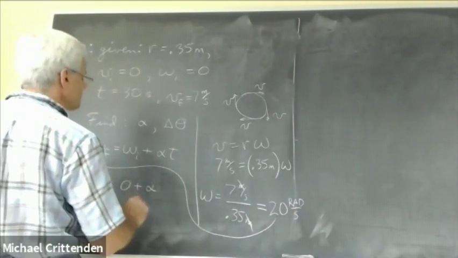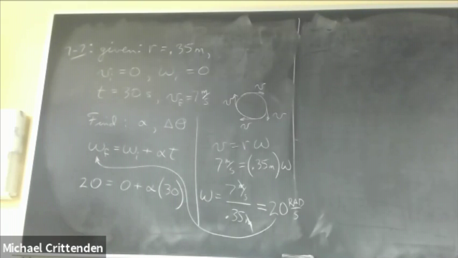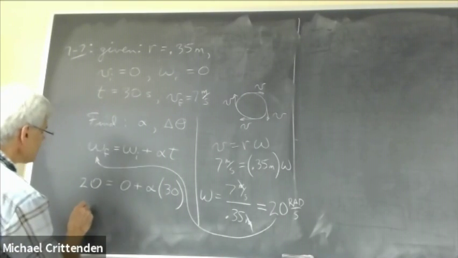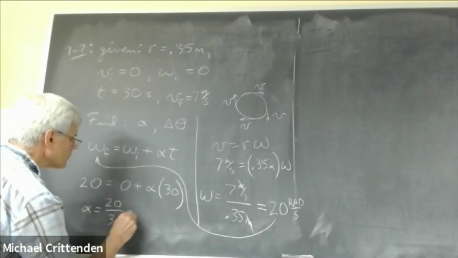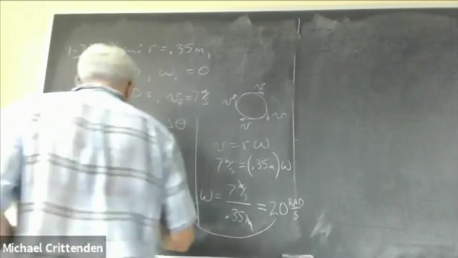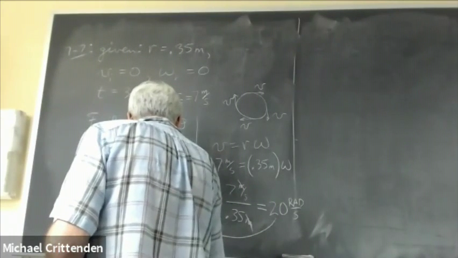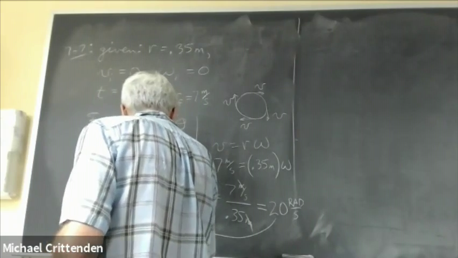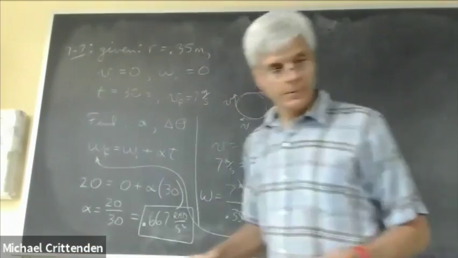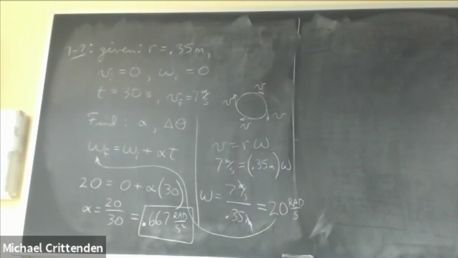The time was 30 seconds. So 20 divided by 30. Two-thirds, or as a decimal, 0.667. Radians per second per second. So that's half of what it asks for.